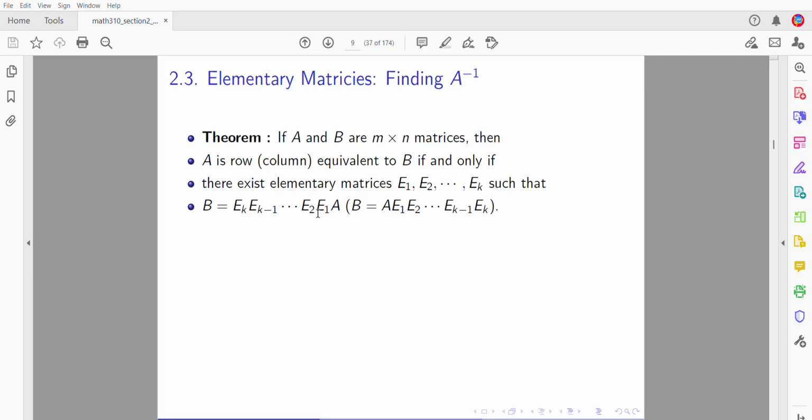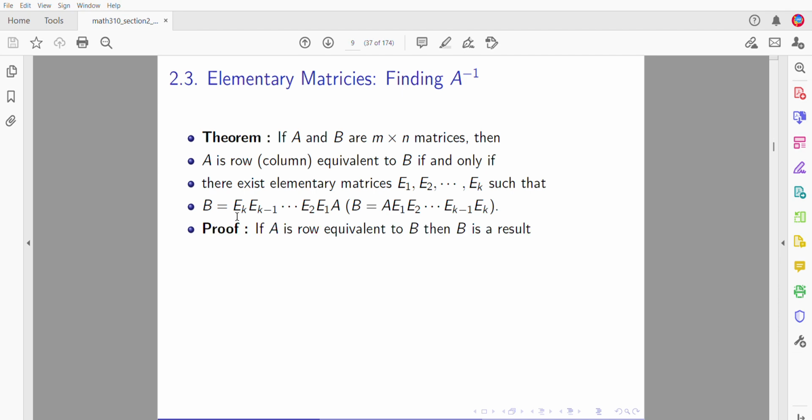You take your identity matrix, whichever operation you conduct on A, do the same thing on the identity to get the first one. Whichever second row operation you conduct on A, do the same second row operation on identity to get E2. Likewise, keep going.